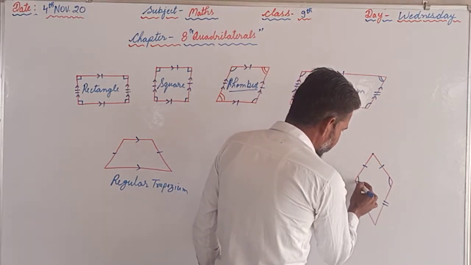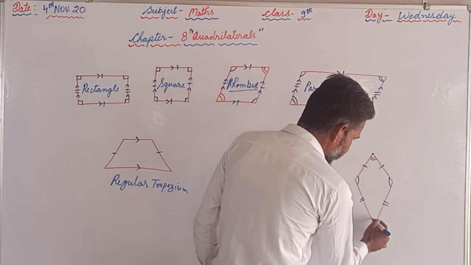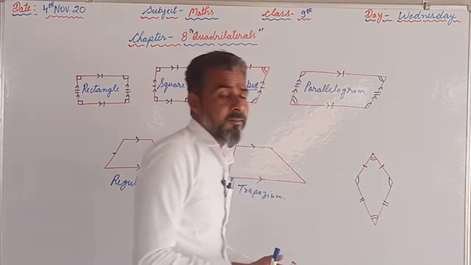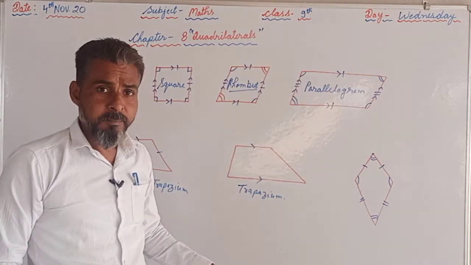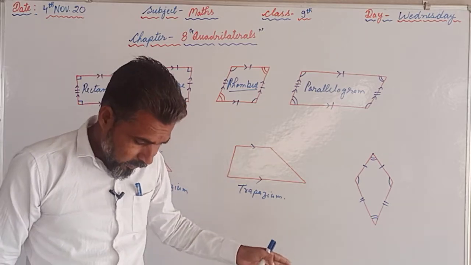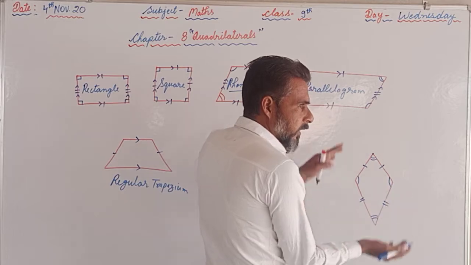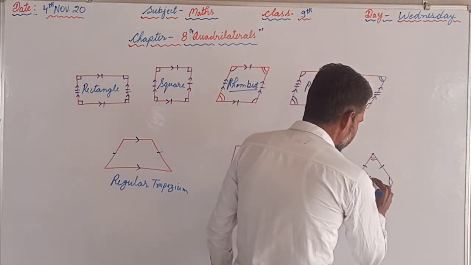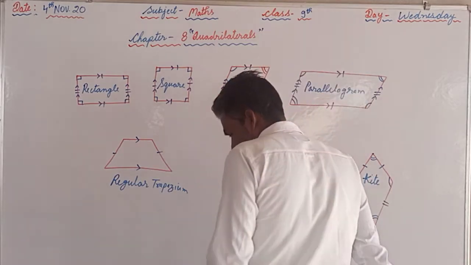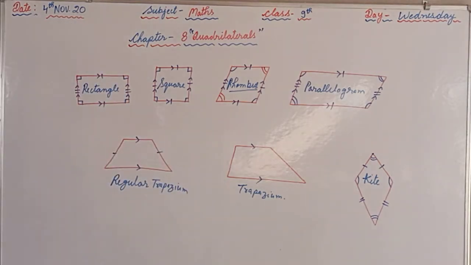This angle will be equals to this angle and this angle will be equals to this angle. And what will be the name? The name of this figure, you can assess from the figure also, that is kite. So, these are some of the examples of quadrilaterals.